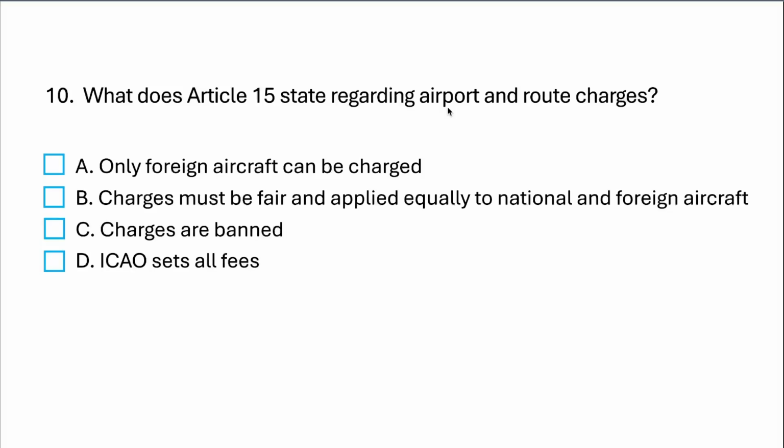So the charges for these services should be fair, and should be similar to what they charge to their own aircrafts. So the correct answer is B. Charges must be fair and applied equally to national and foreign aircraft.